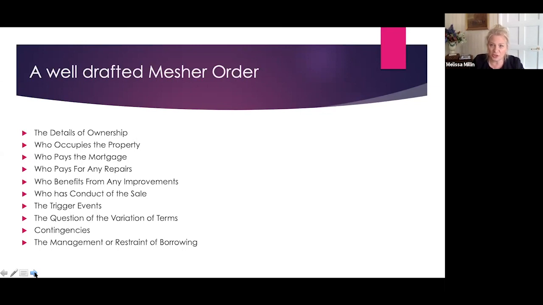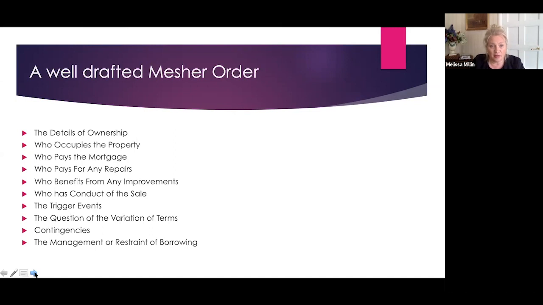So the features of a well-drafted Mesher order will contain some fairly obvious provisions, but it should make clear the ownership of the property in its proportions, who should occupy, who's going to be responsible for paying the mortgage, whether there's to be an indemnity, and who pays for the repairs.